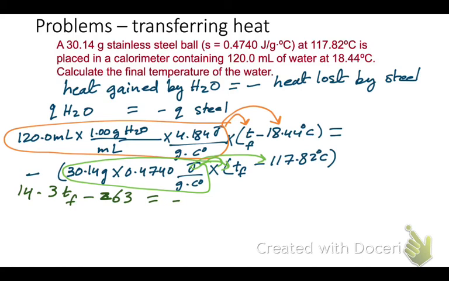So if I multiply $30.14... One second here. I think I'm just going to back up for a second and do this math again. I'm sorry, I think I just mixed up two numbers.